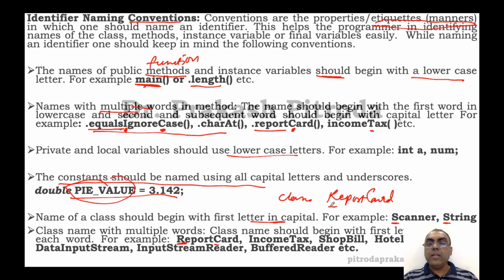So this is an ideal class name where for multiple words, the first letter of each word is capital. Alright, so IncomeTax, ShopBill, HotelManagement. These are some predefined programs which are not now there in your syllabus. But since they have already been there in Java, we are just taking this as an example.